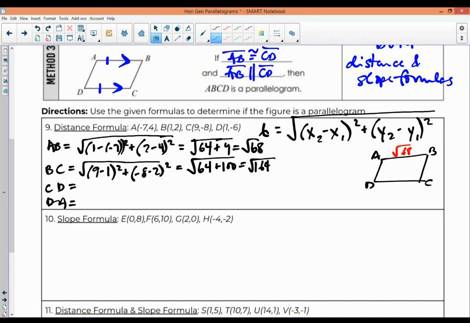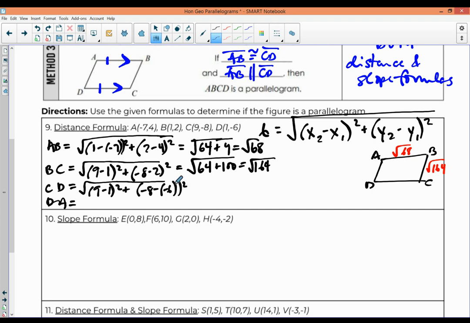All right, CD. In order for this to be a parallelogram, the measure of CD would have to be the square root of 68. So we have the square root of 9 minus 1 squared plus negative 8 minus negative 6.